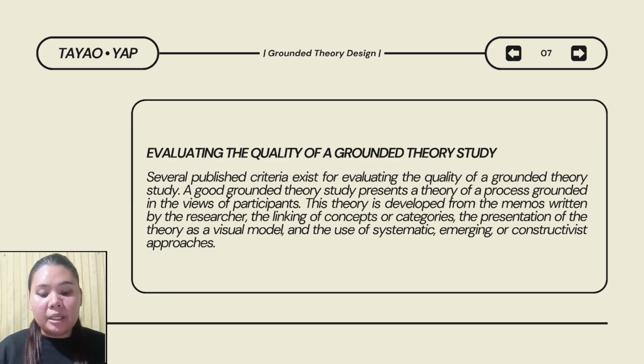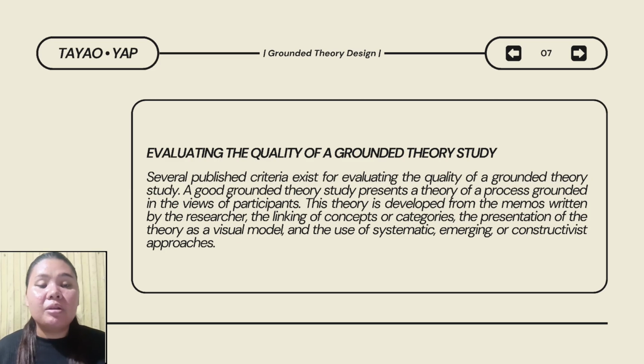And also Corbin and Strauss 2008 discuss factors such as how individuals can benefit from the research, for example, the fit, sensitivity, and applicability. So the importance of concepts or categories and their discussion within a context, the logic, depth, and variation, and a creative, innovative manner in which the researcher says something new.